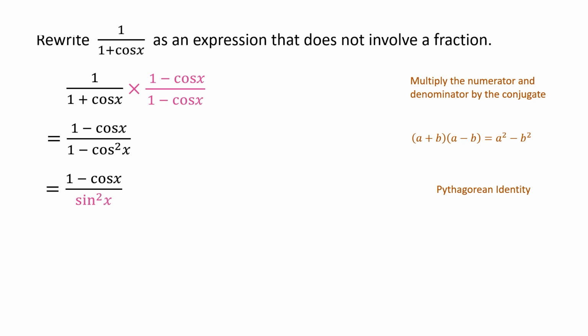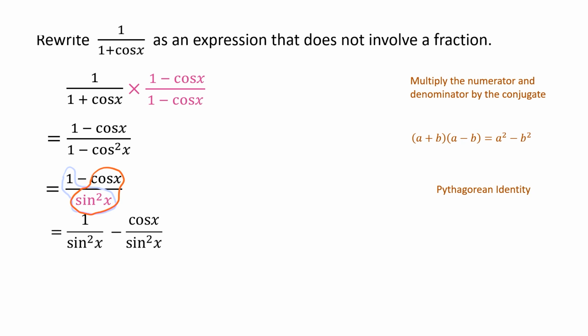Now, the next step is an interesting one because I am going to write this fraction as the difference of two fractions. That means I'm going to break this big fraction that I have. Look here, this is going to be the first fraction. Then we have the minus sign, and the next fraction would be this cos x over sine square x.